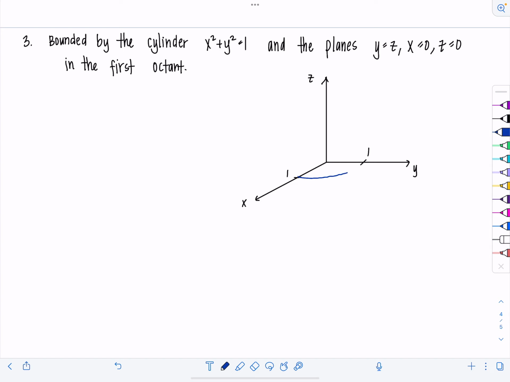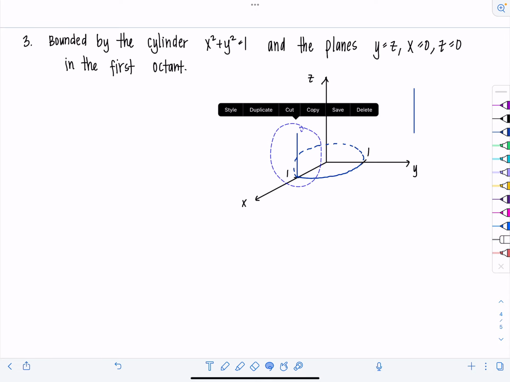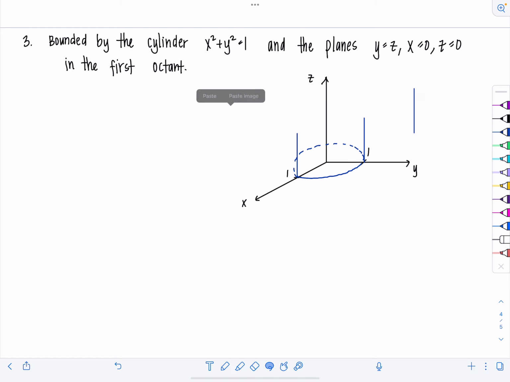I have this unit circle in the xy plane. And then let's project it parallel to the z-axis. So here's a couple little segments. Whatever variable is missing, you just project parallel to that axis. Make sense? Good.